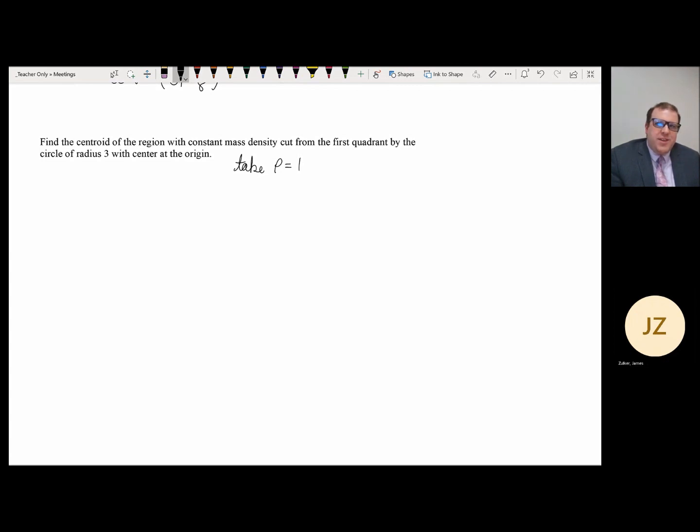Circle of radius 3 centered at the origin. What is the equation for that? x squared plus y squared equals 9.